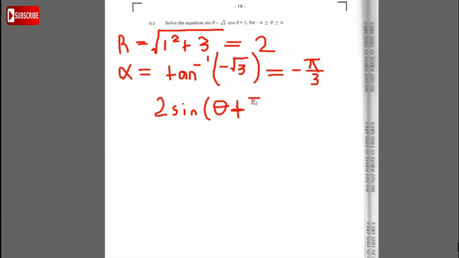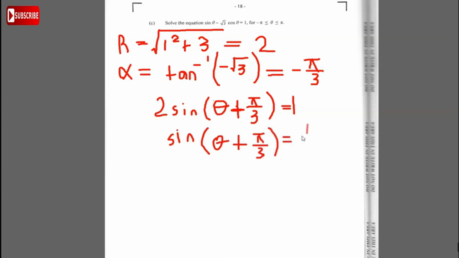So it's theta plus pi by 3, and that's equal to 1. Then I divide through by 2 to get the sine of theta plus pi by 3 is equal to 1 divided by 2, and 1 divided by 2 is a half.